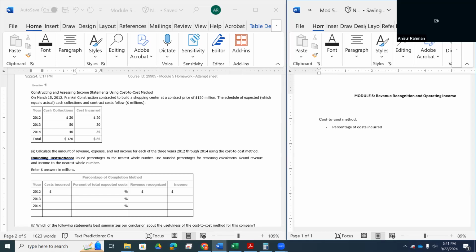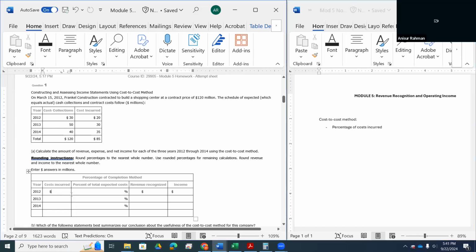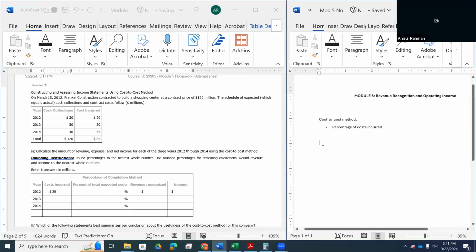In 2012, our cost incurred was $20 million, and that in percentage is 20 for 2012 divided by the total cost, which is 85 over the 3-year period.